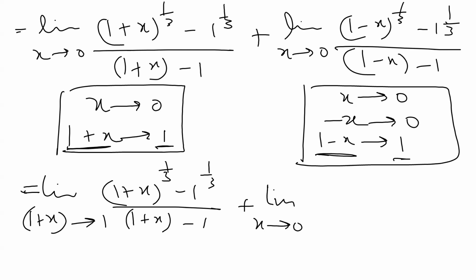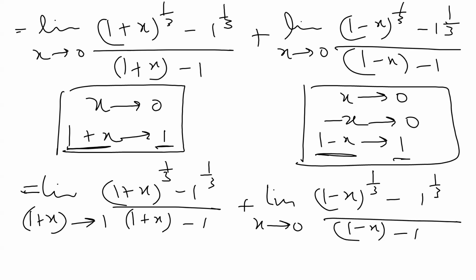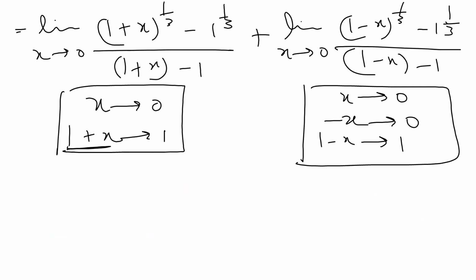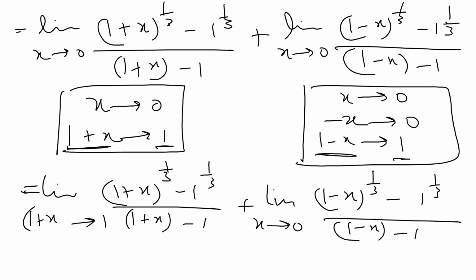Limit x approaches 0, (1 minus x) raised to 1 by 3 minus 1 raised to 1 by 3 upon 1 minus x minus 1. So this is x and this is a and this is n. Now we can apply the formula. Randomly don't apply the formula anyhow; the term should be the same.